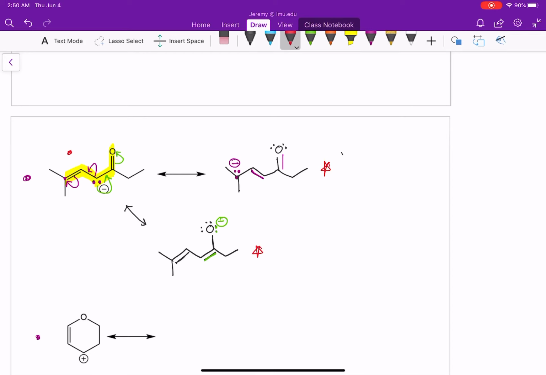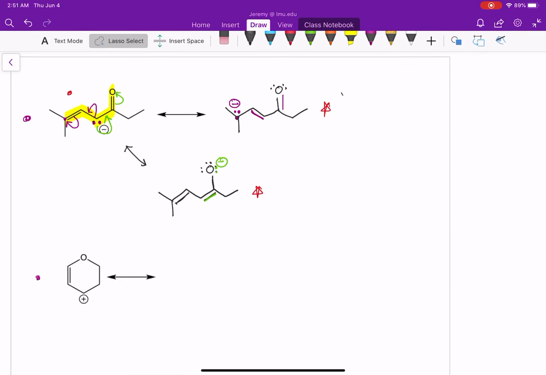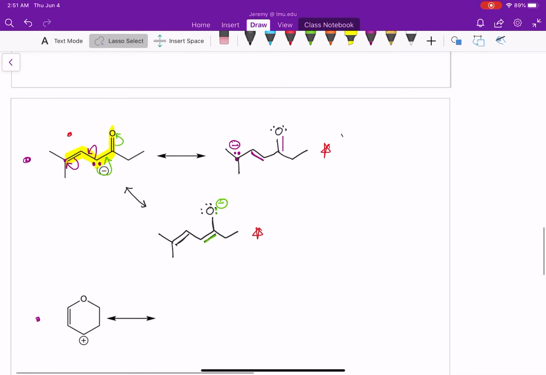So if we evaluate these, here we have a carbon with an extra lone pair and a minus. Here we have a carbon with an extra lone pair and a minus. Here we have an O with an extra lone pair and a minus, right? All of these structures have full octets. So which of these would be the major contributor?